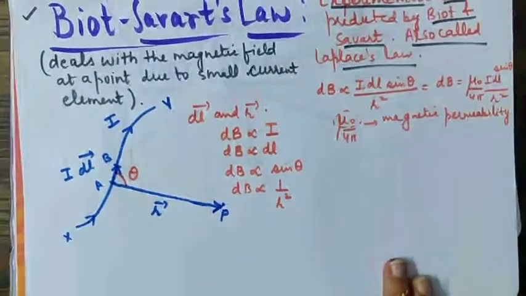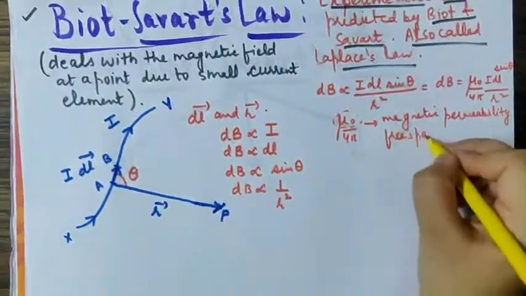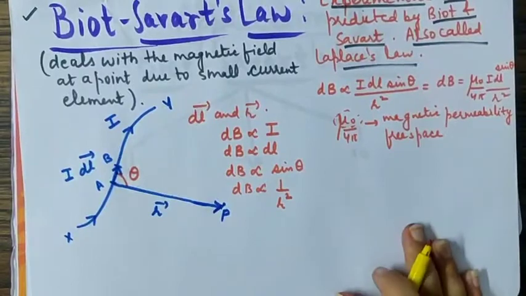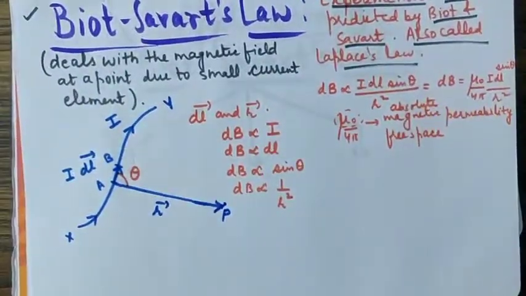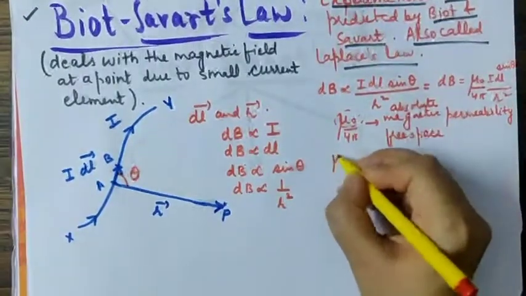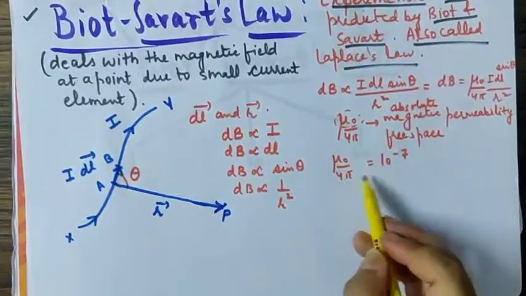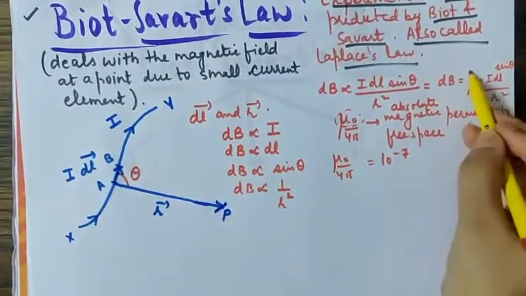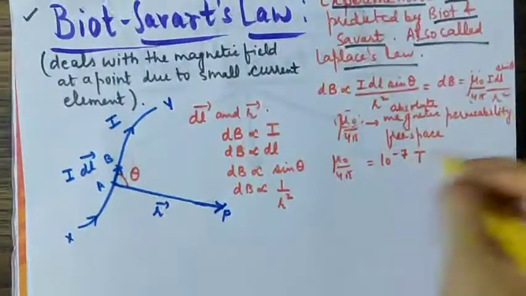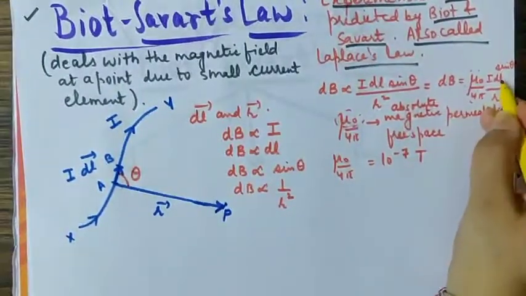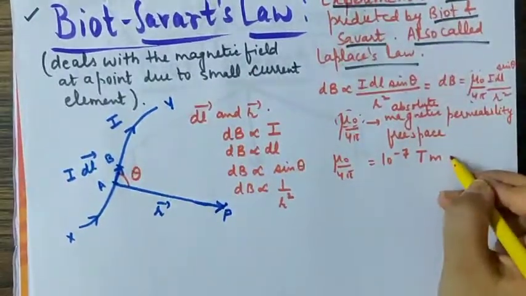It is called the magnetic permeability of free space. The word absolute is also used, absolute magnetic permeability of free space. The value of mu naught upon 4 pi is 10 to the power minus 7. You can find out the dimensions and units from here also. This is mu naught over 4 pi, so its units will be Tesla meter square, meter cancels, only meter goes there, and ampere inverse.